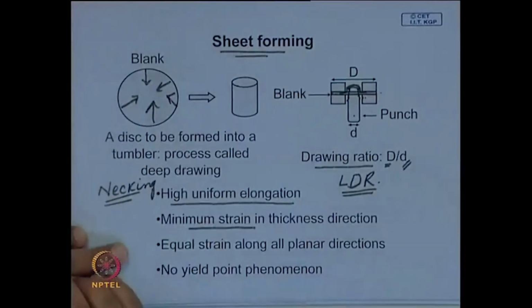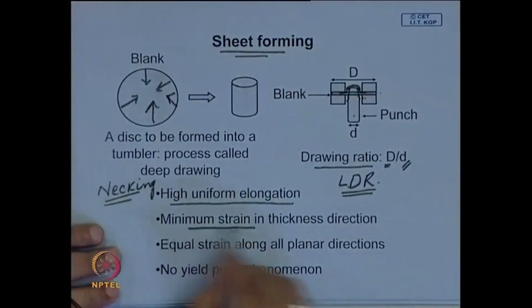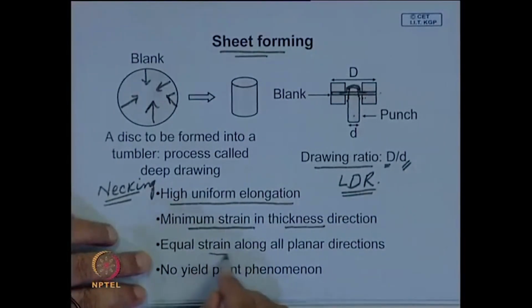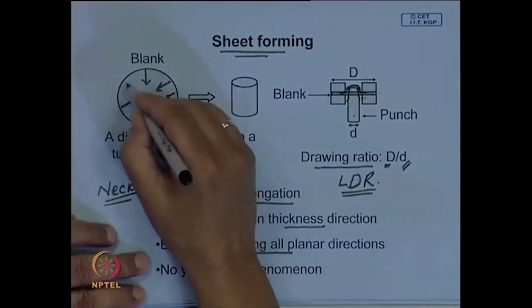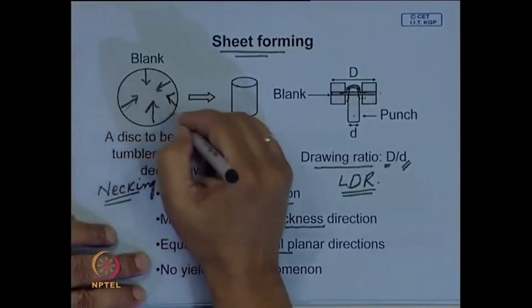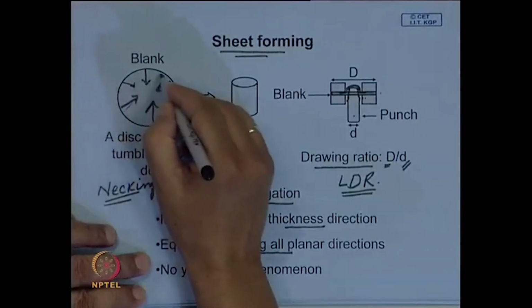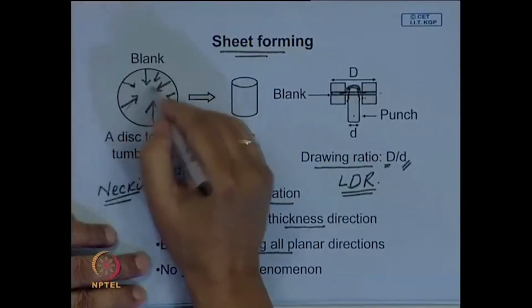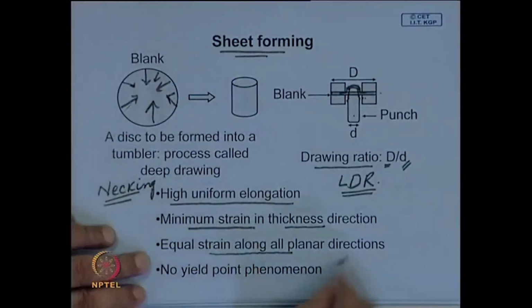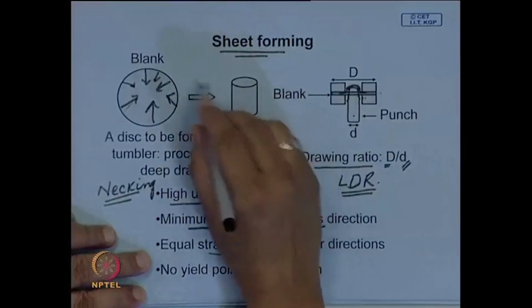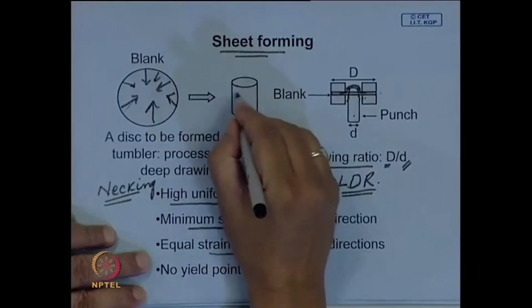Through thickness, there should be minimum strain, and there should be equal strain along all planar directions. So, in different planar directions, the strain should be as close as possible. If it is not close, in certain directions it flows more, or in certain directions it flows less.